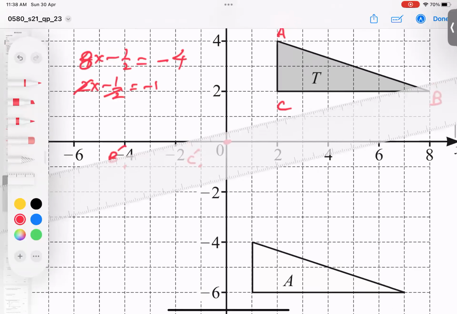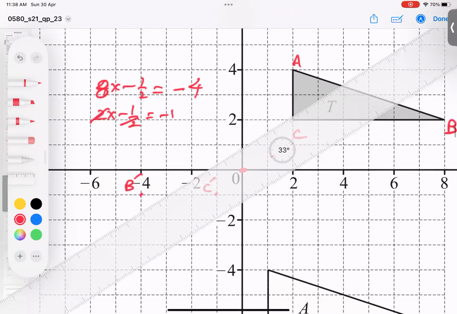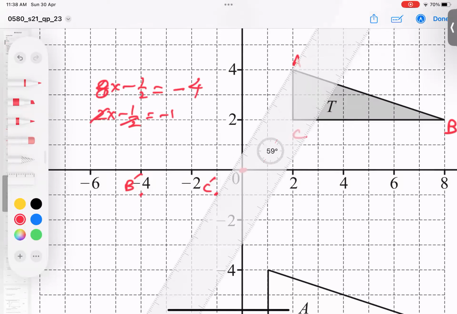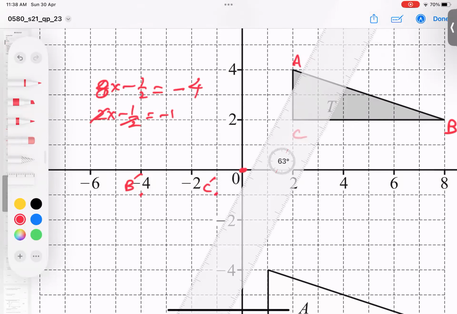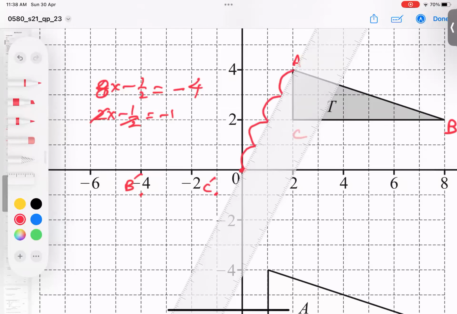Now let's talk about A dash. From the center, how many boxes? 1, 2, 3, 4. So 4 times -half. 2 2s are 4. I got -2.